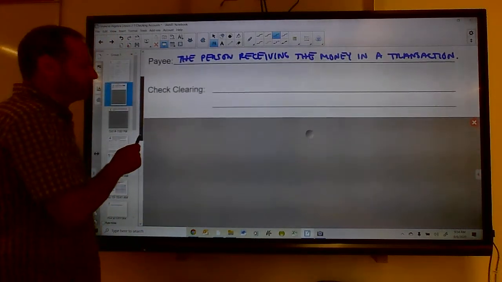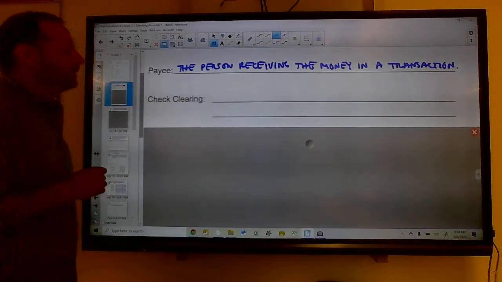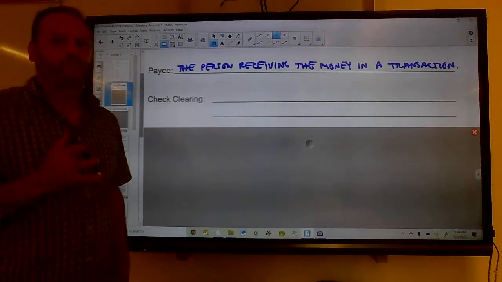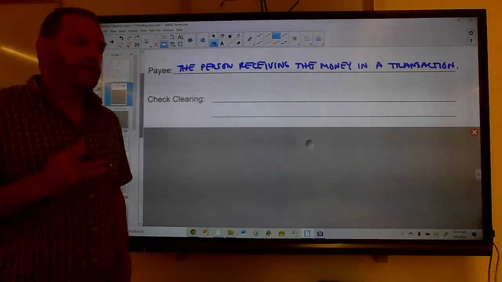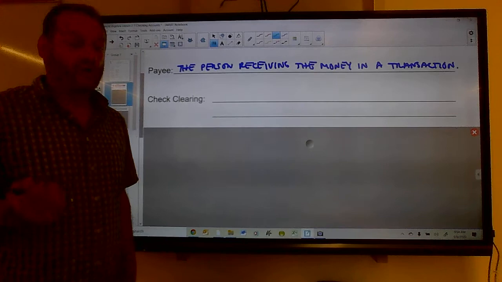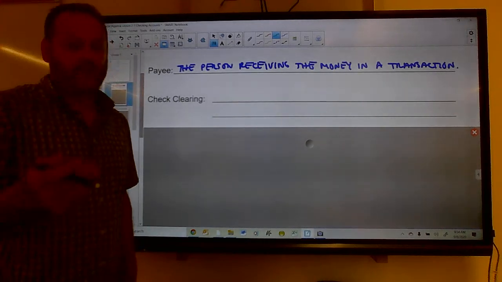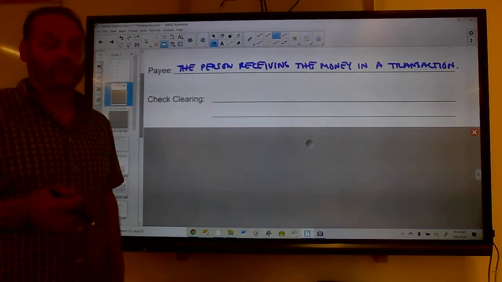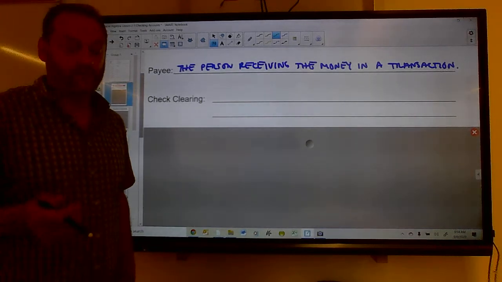Check clearing. Okay, so when you write a check, you basically give a piece of paper that has no value to somebody. They have to take it to their bank, which there's a good chance it's not your bank.